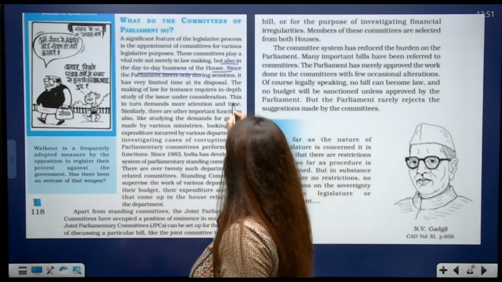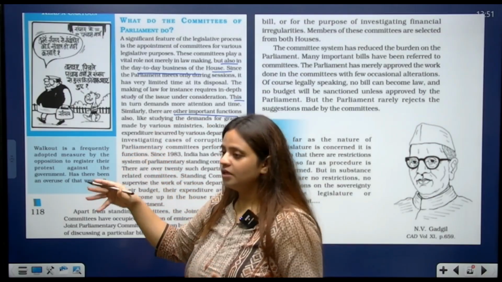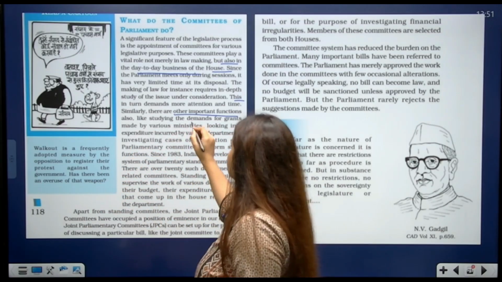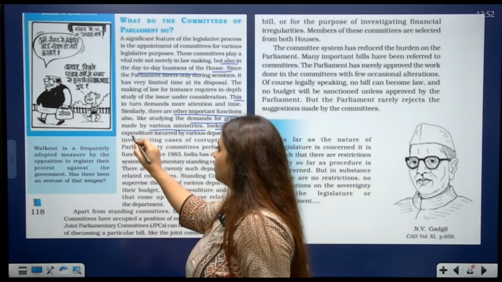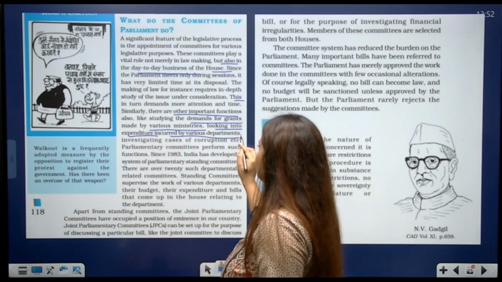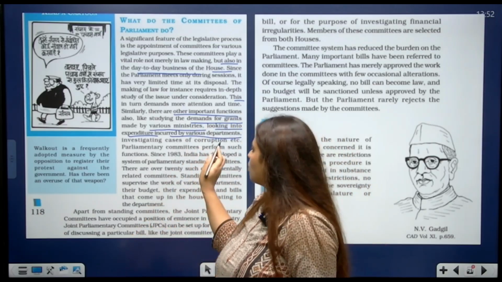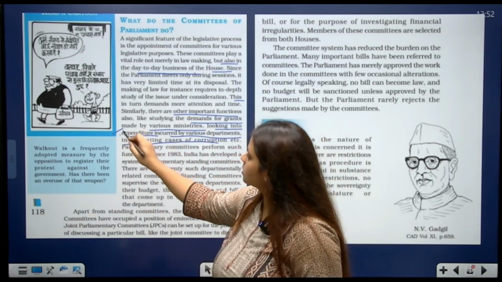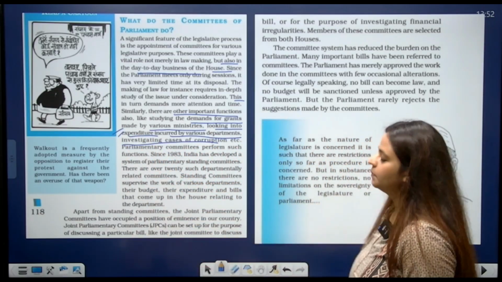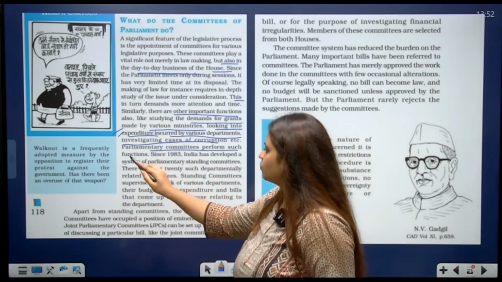They also see the demand for grants made by various ministries, and they look into the expenditure incurred by various departments. So they investigate cases of corruption as well as the expenditure incurred by the government. Parliamentary committees perform such functions.